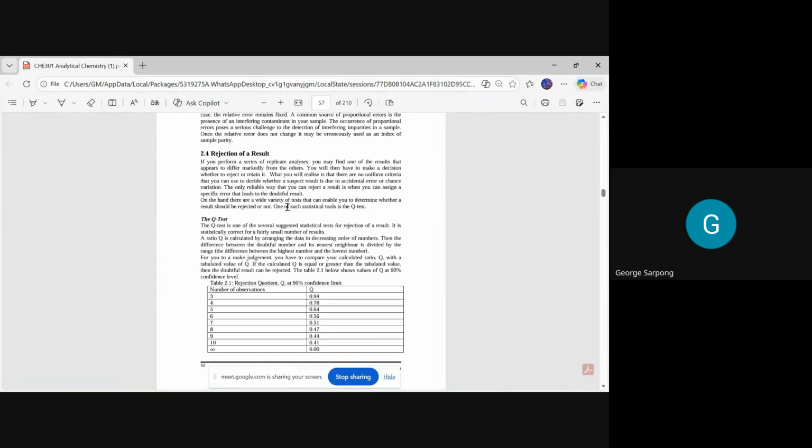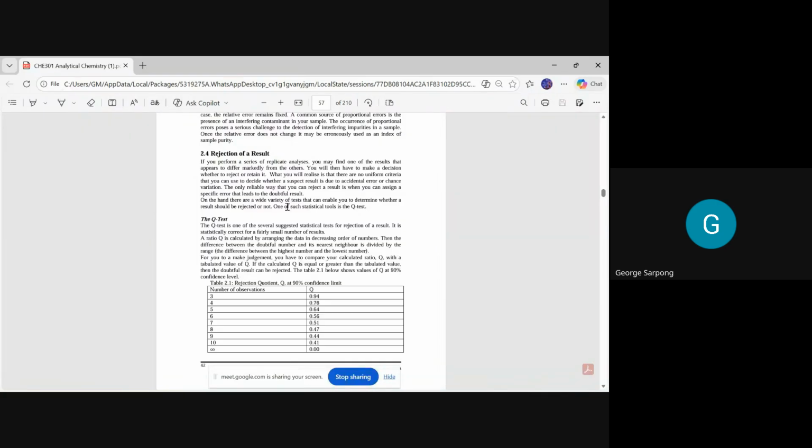A ratio Q is calculated by arranging the data in decreasing order of numbers. Then the difference between the doubtful number and its nearest neighbor is divided by the range, that is the difference between the highest number and the lowest number.